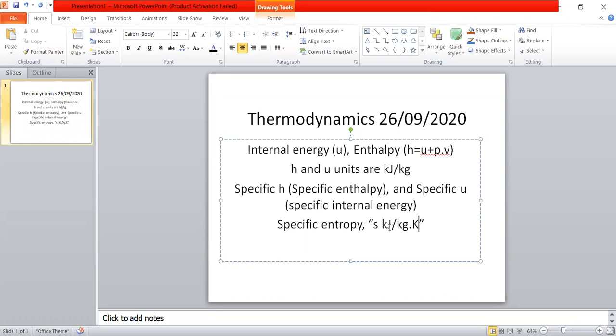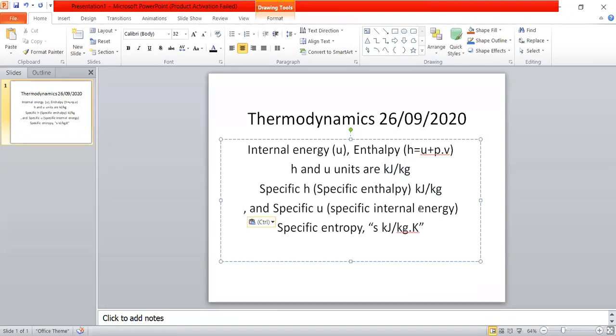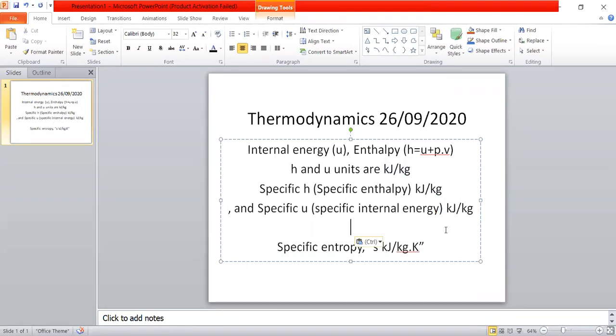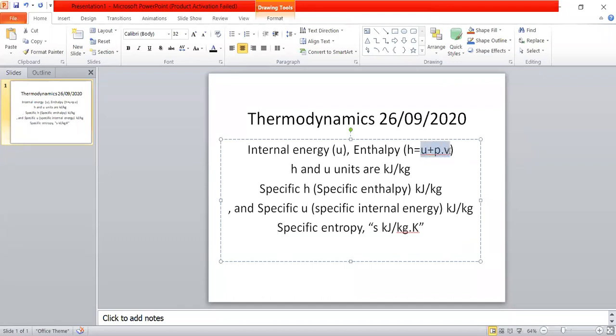So you have to be very mindful of the units. Specific enthalpy is kilojoule per kilogram, internal energy also kilojoule per kilogram. Then the P times V term in U plus PV, the unit is also kilojoule per kilogram, and this has some very important concepts I have already shared with you.